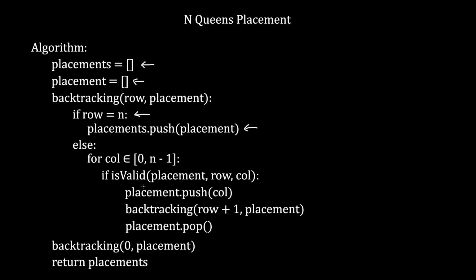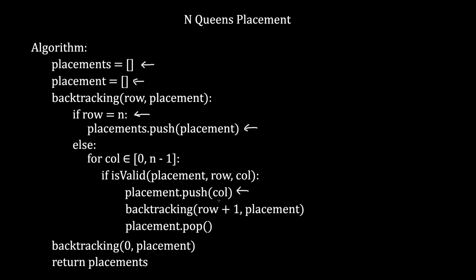This function is going to return a boolean, and it is going to check if, for the current placement, which means for the queens that I have placed on the previous rows, if I were to place this queen on row and column col, will it attack or be attacked by any of the other queens that I've already placed? And if this is true, this means that the configuration is valid, so I can place that queen.